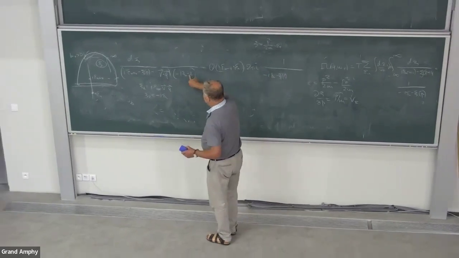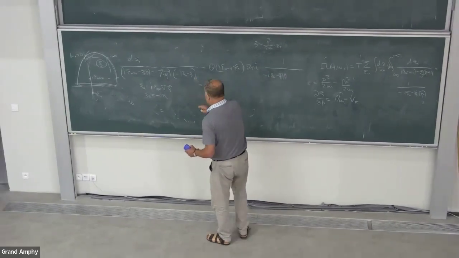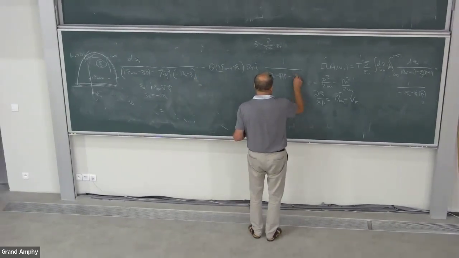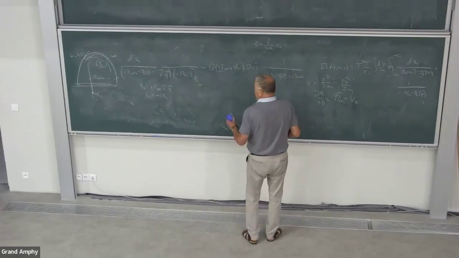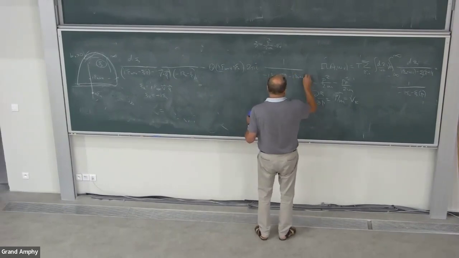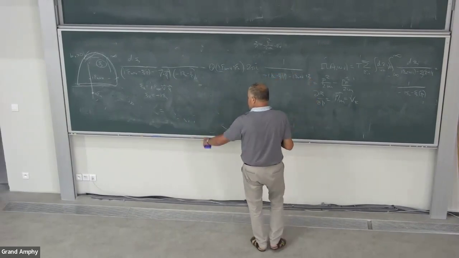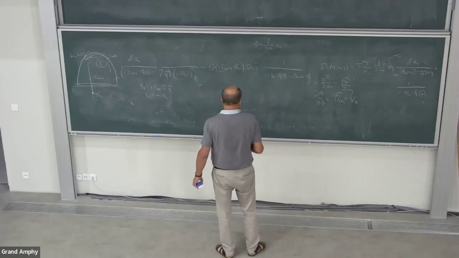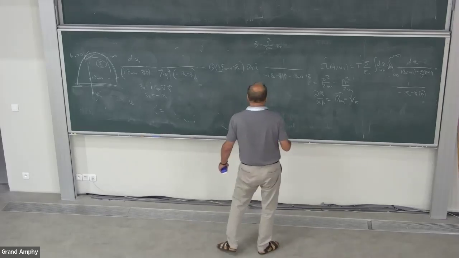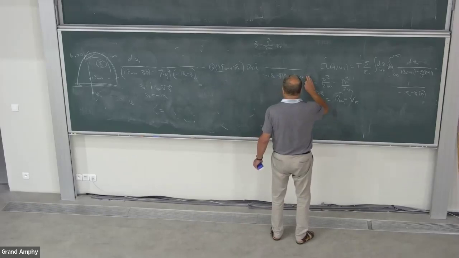And then I will put minus xi. Minus xi will give me minus i epsilon n plus nu. No, sorry, xi is already cancelled.